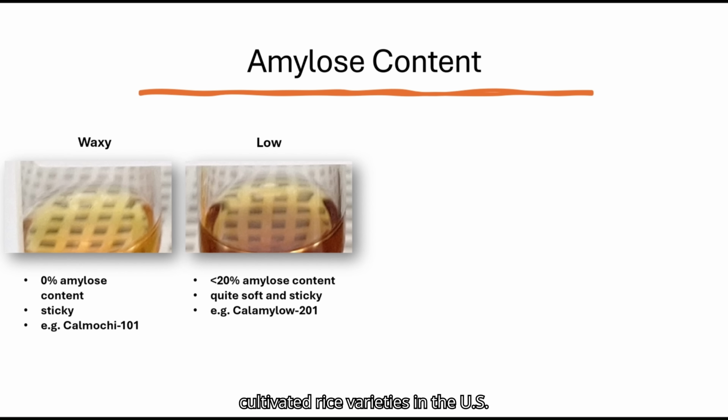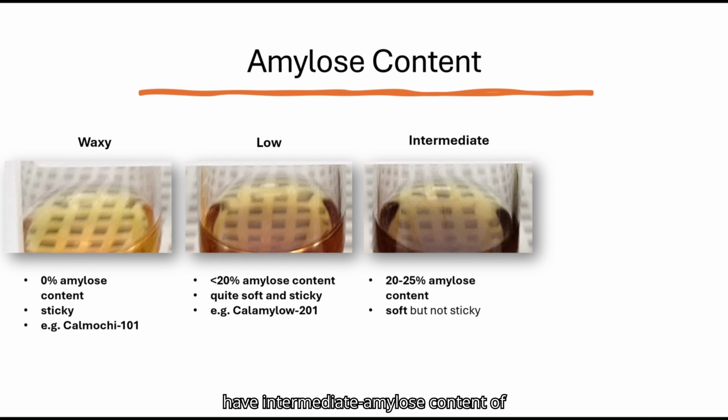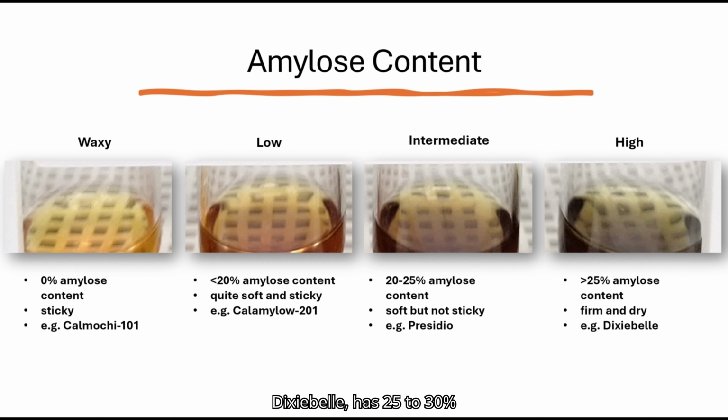Most cultivated rice varieties in the U.S. have intermediate amylose content of about 20 to 25%, such as Presidio. These varieties tend to cook soft, but not sticky or dry. High amylose rice, such as Dixie Belle, has 25 to 30% amylose content. This results in firm and dry grains upon cooking.